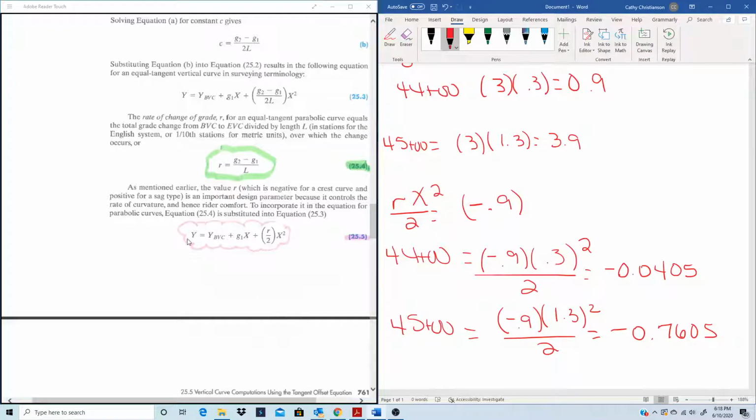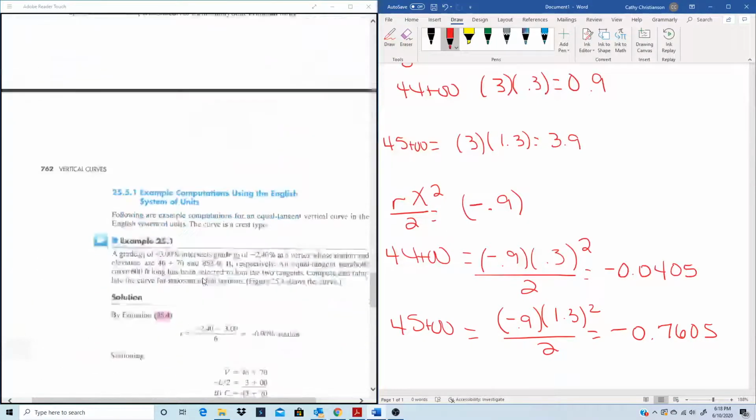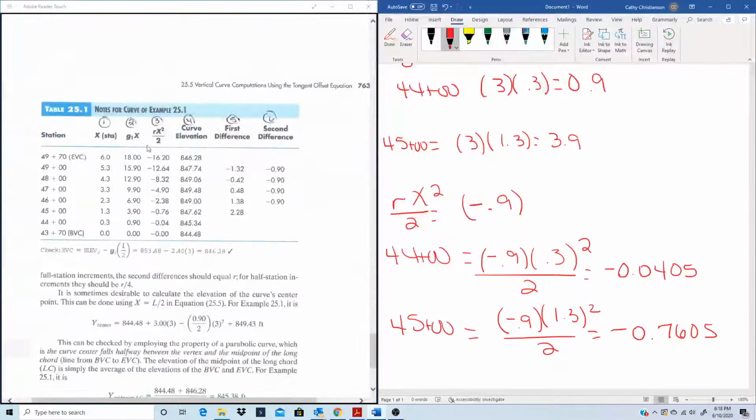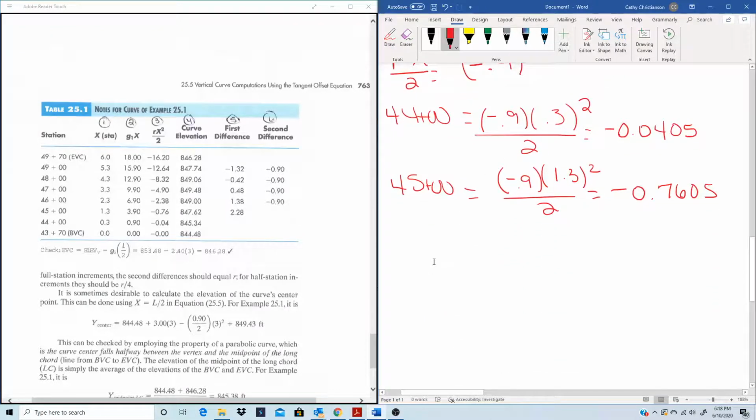So if you noticed, when we go over here, that's why we have the columns. Now, we have the g1x column, which is 2. We have the rx squared divided by 2 right here. So if I want to do station 44, I'm going to write the equation out for you first.